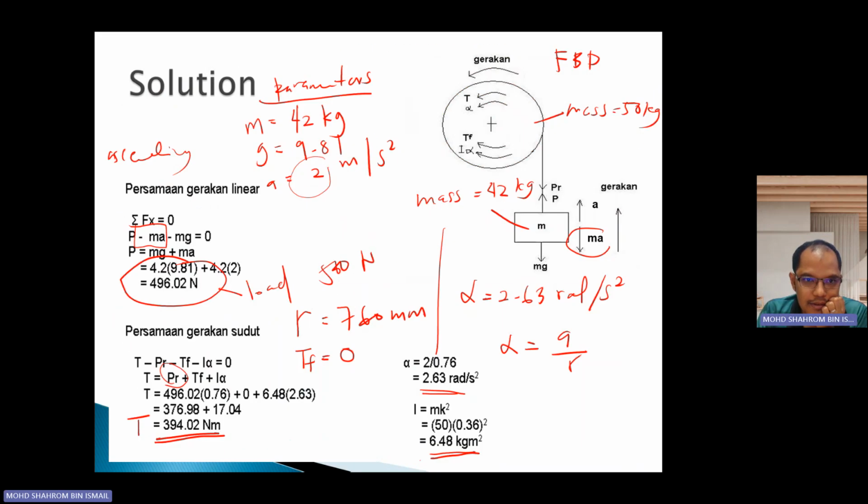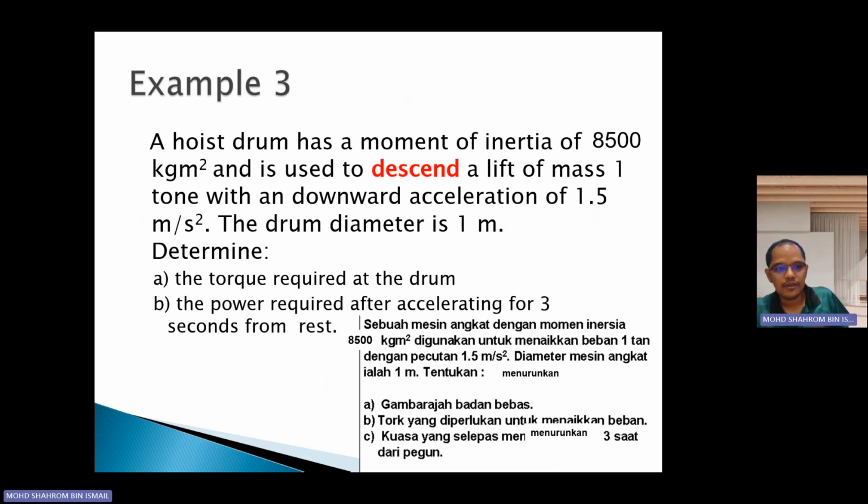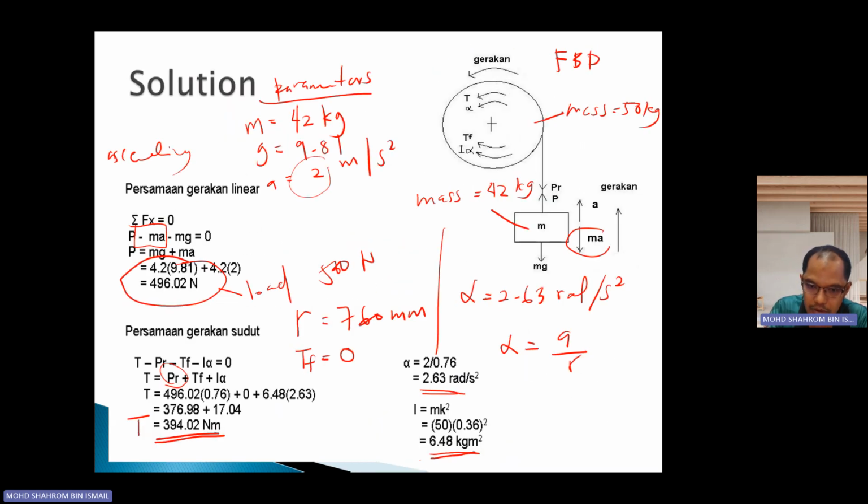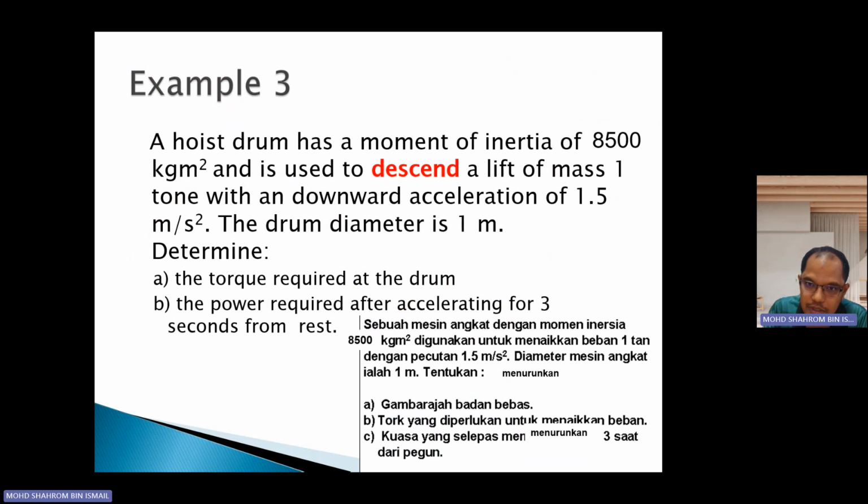The third example shows a hoist drum that has a moment of inertia of 8,500 kilogram meter squared. It is already calculated, so no need to calculate using I equivalent to mk squared. It is already given.